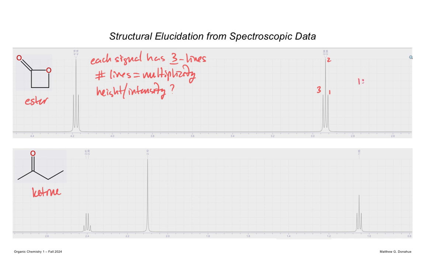So we would say it's a 1 to 2 to 1 ratio. And so the same for the other signal down here, has 3 lines, a 1 to 2 to 1 ratio.